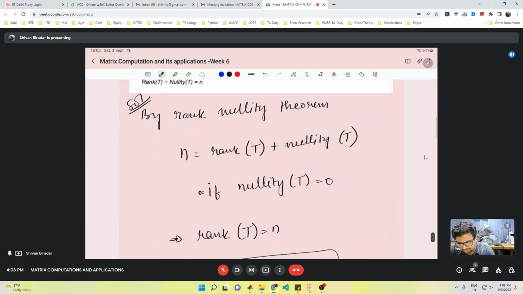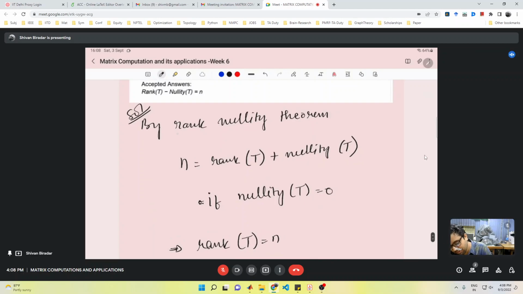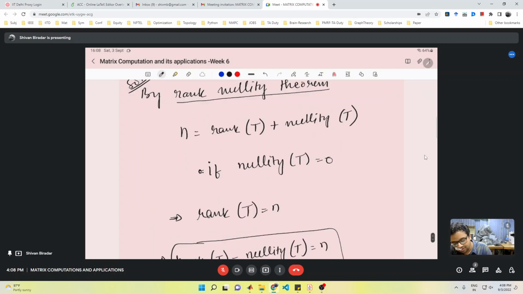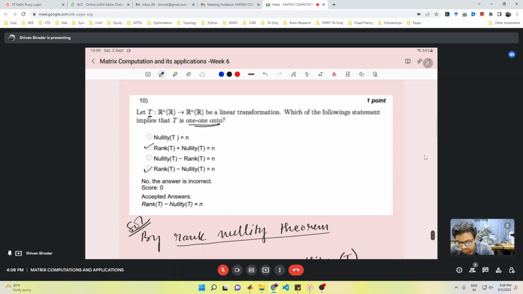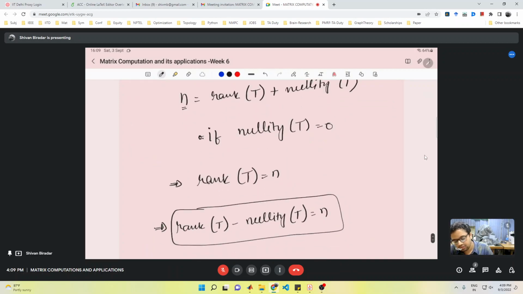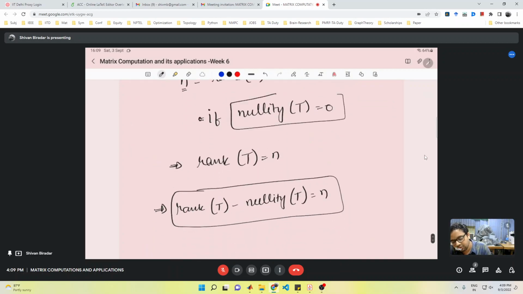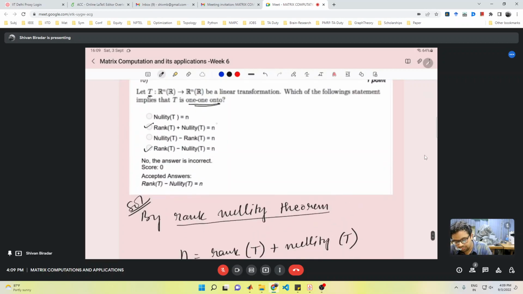So a very simple thing would be to check this by rank nullity theorem, which says that rank of T plus nullity of T is equal to n. So for T to be 1, 1 and onto, the nullity of T must be equal to 0. Okay. So this implies that rank of T must be equal to n. So this also satisfies and this also satisfies. Okay. There are two answers to this.